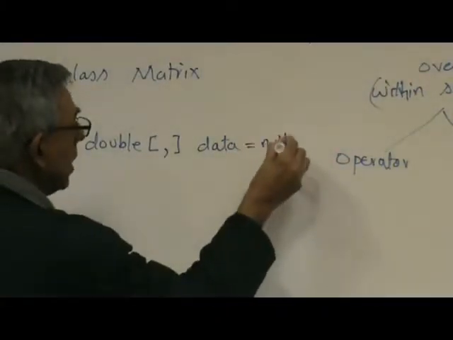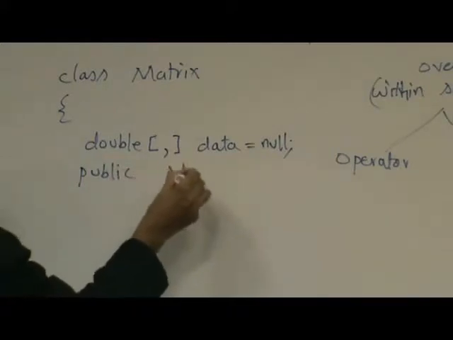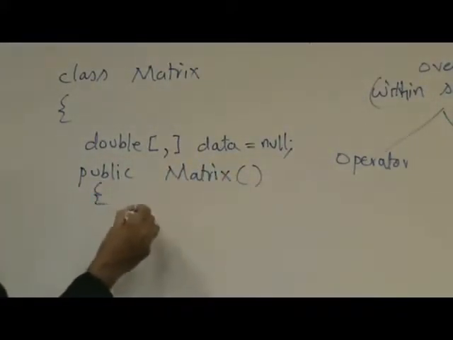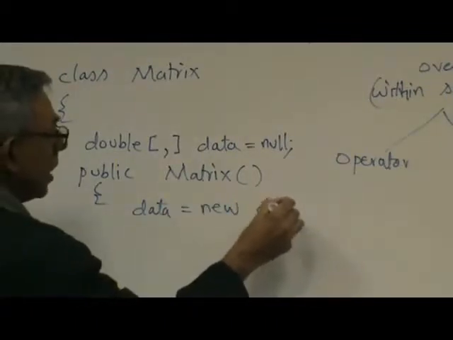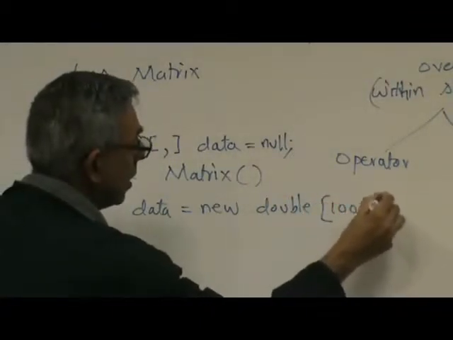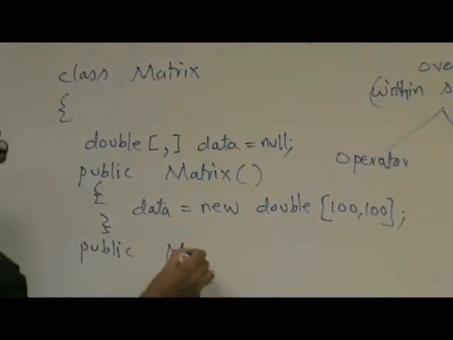So if I say null, and then if I provide a constructor, public matrix, the default constructor can do data equal to new double, let's say 100 by 100. So that will be the default. But we can also provide a constructor.